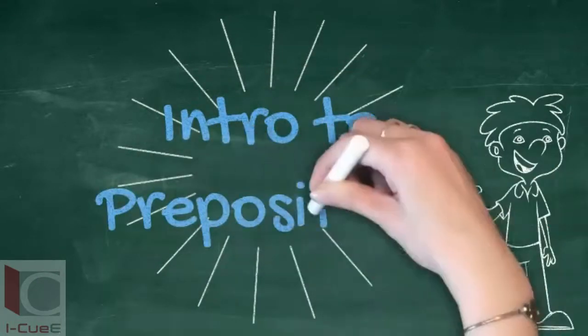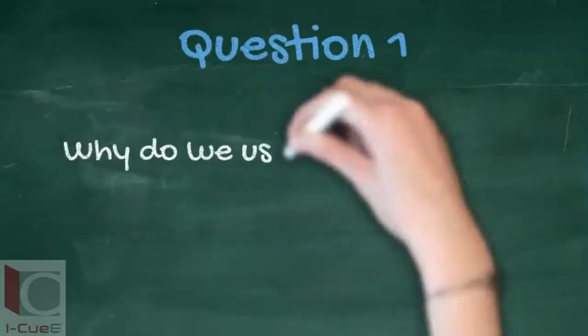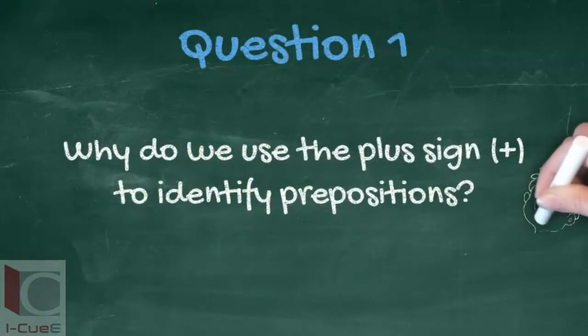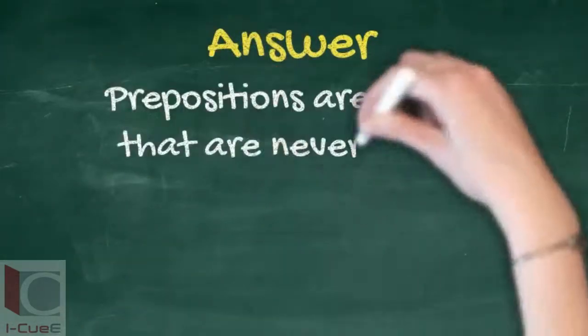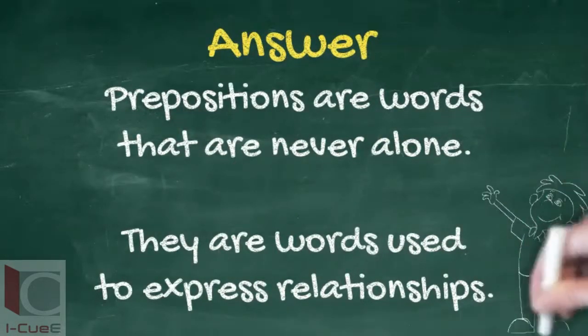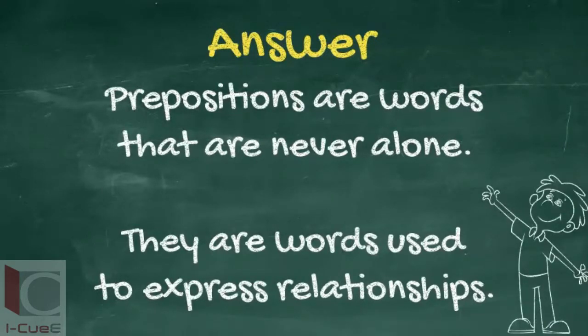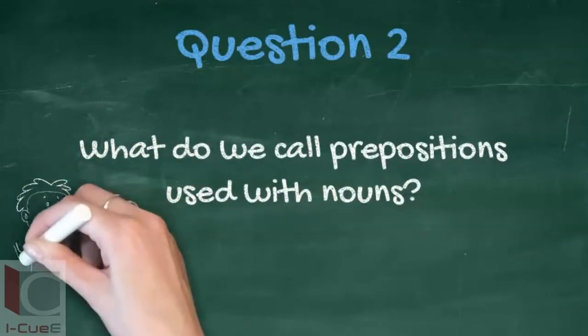Intro to Prepositions. Why do we use the plus sign to identify prepositions? Prepositions are words that are never alone. They are words used to express relationships. What do we call prepositions used with nouns?